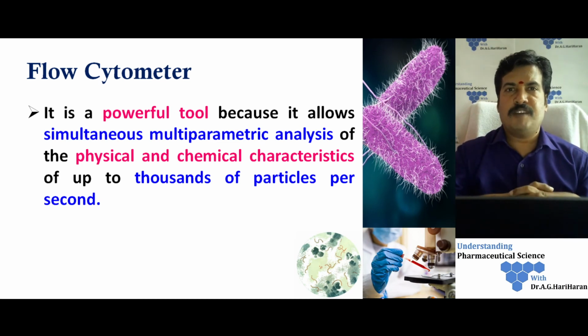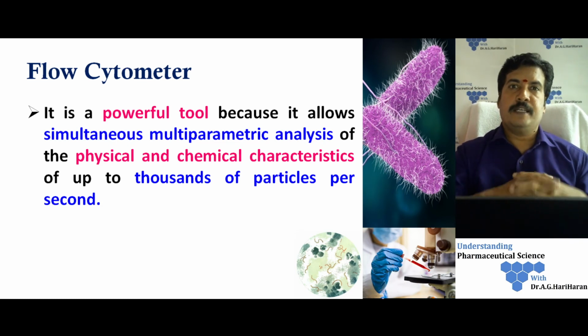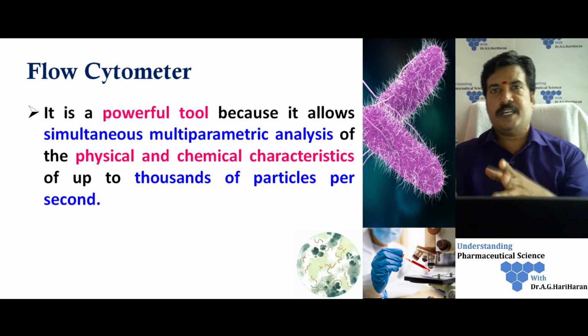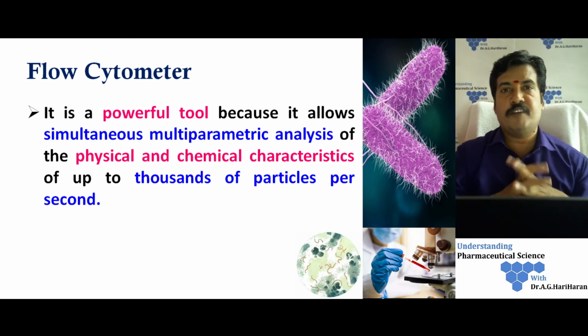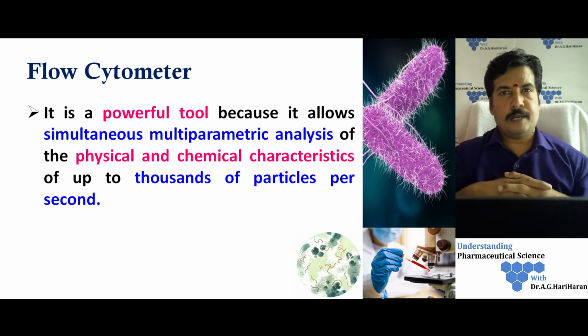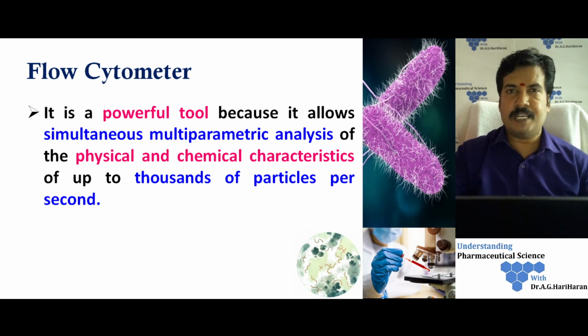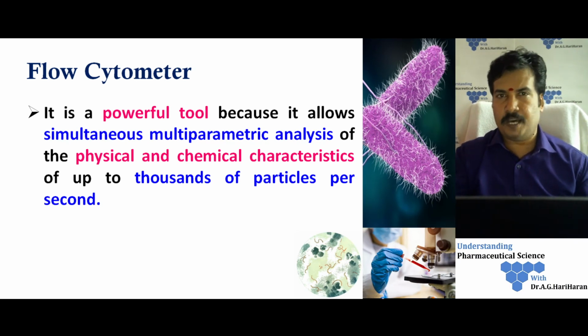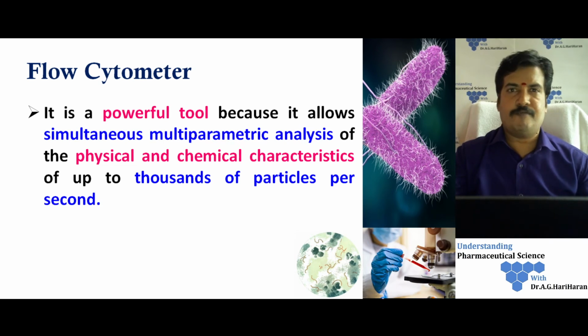The reason we call the flow cytometer a powerful tool is that it can do multiple parametric analyses at a single time, at a very fast rate. That means it can measure the physical as well as chemical characteristics of a particular particle or cell very quickly; for example, about 1,000 particles in a second.